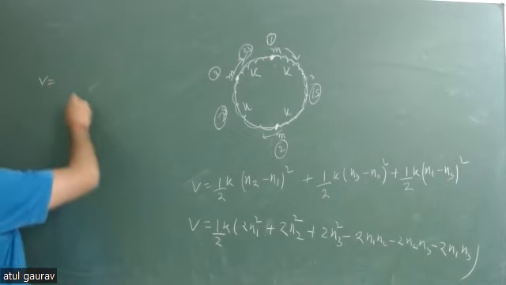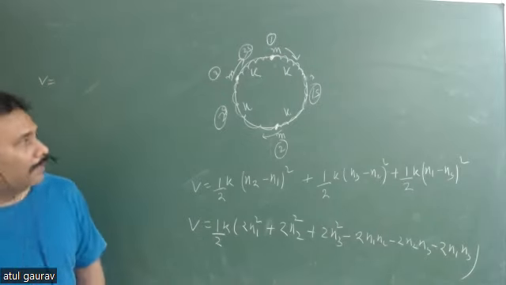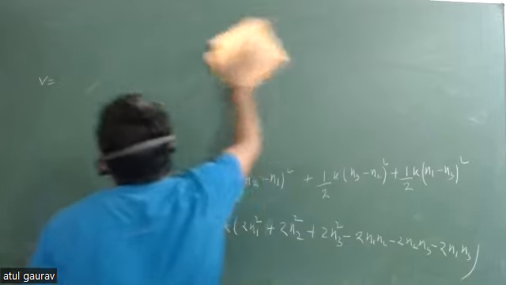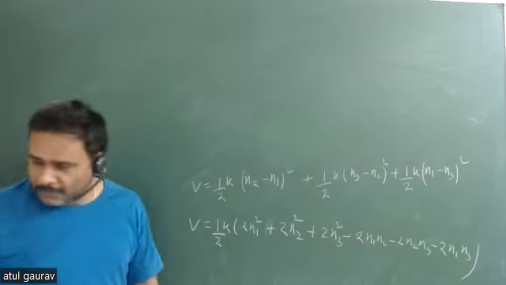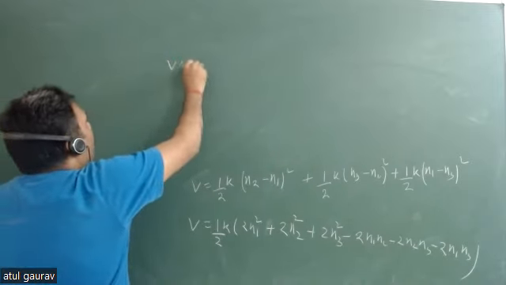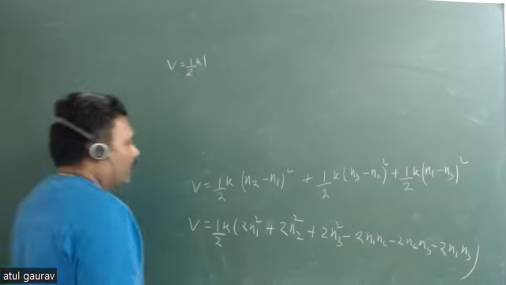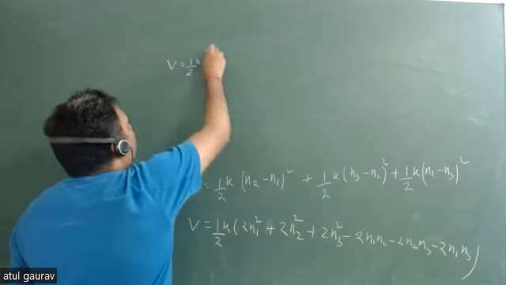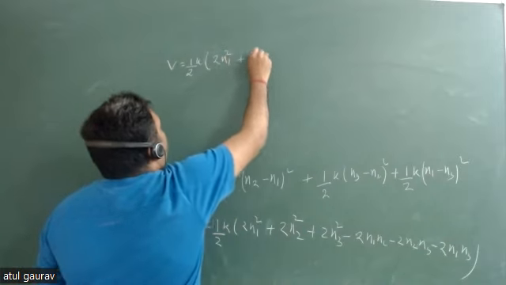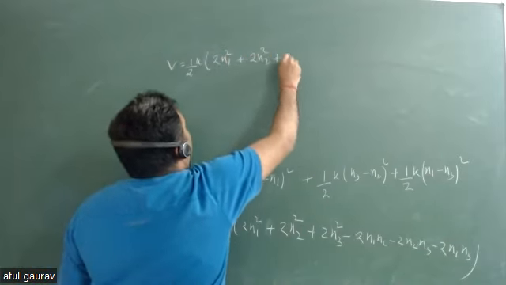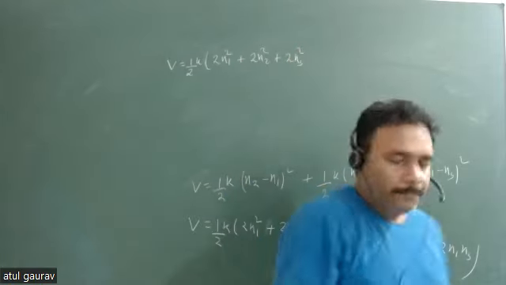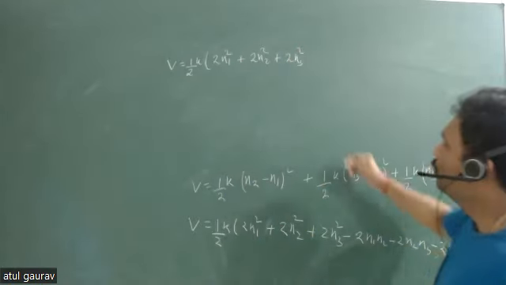The V_ij term. I am just removing this figure so that I can use the space. Now we can do it with mathematics. V is equal to half k. This one is okay because it is a diagonal matrix. Second is also diagonal. Third is also diagonal. Now, is this diagonal or off diagonal? Off diagonal.